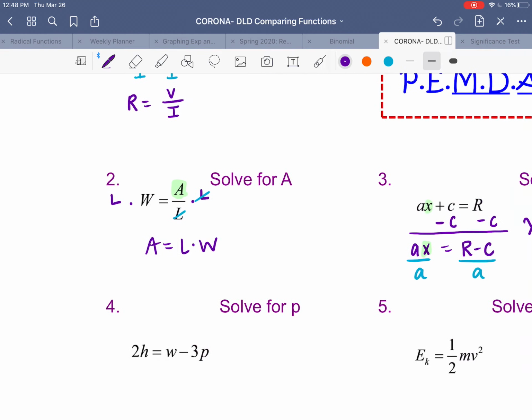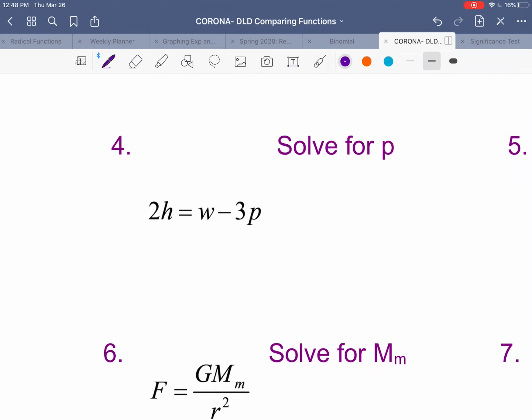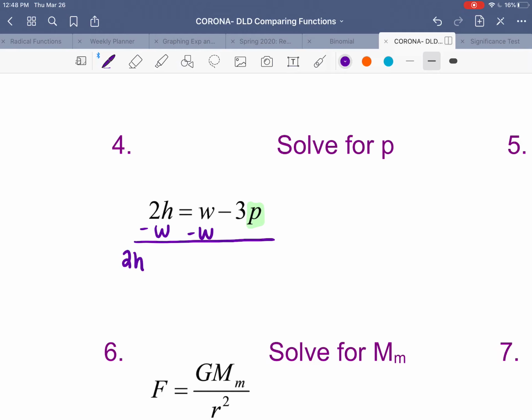All right, so moving on to number 4. Now we're solving for P. So we want to solve for this right here. In order to do that, we want to subtract W first. Subtract W from both sides. 2H minus W equals negative 3P.